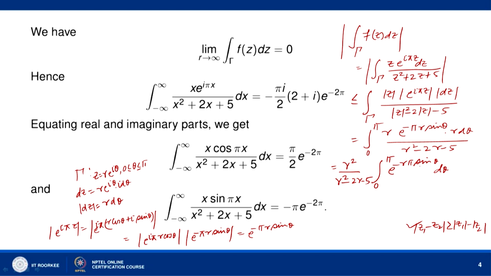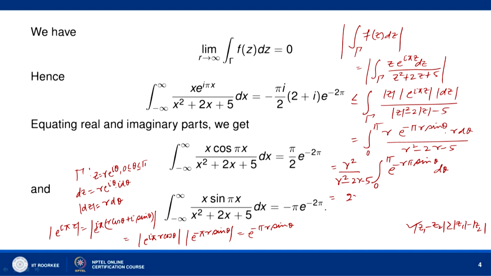So, now we use Jordan's inequality. Let me first use a property of the definite integral: when you replace theta by pi minus theta, where theta is the variable of integration, there is no change in the value of the integral.